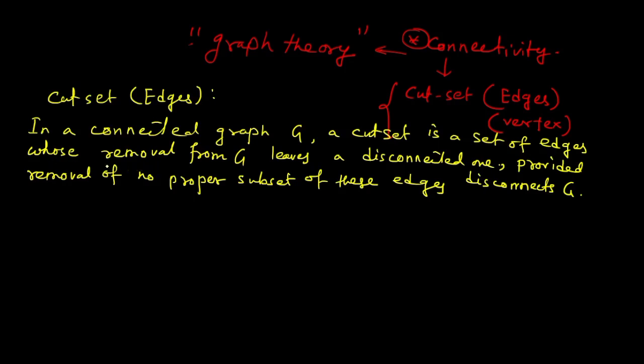Whatever part you are removing should be your minimal choice, and after you remove that part, the graph becomes a disconnected one. Okay, that is the meaning. So through this example we'll try to understand this concept.